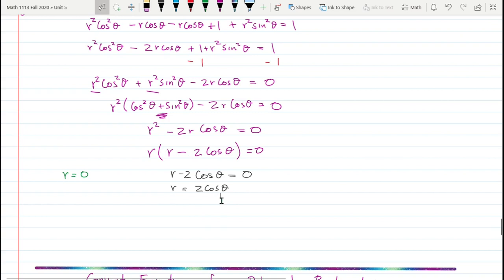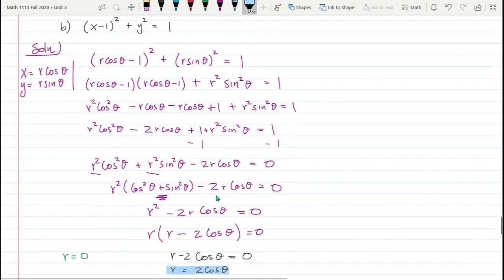Okay, so I guess we can say the polar equation for what we started with is going to be this right here. So hopefully that made some sense. It was quite a good exercise. And if you don't understand something, just go back through the steps.